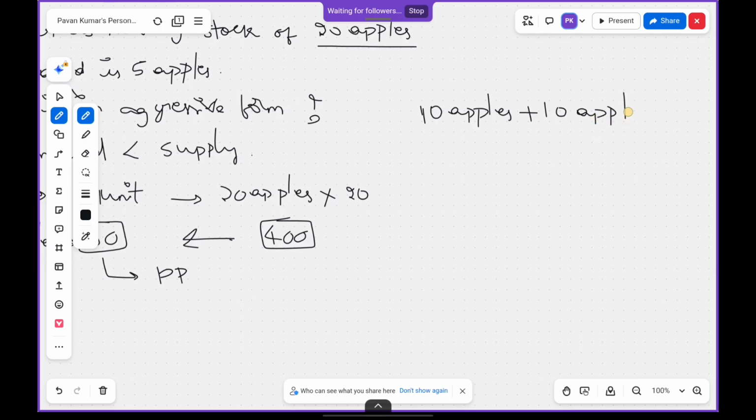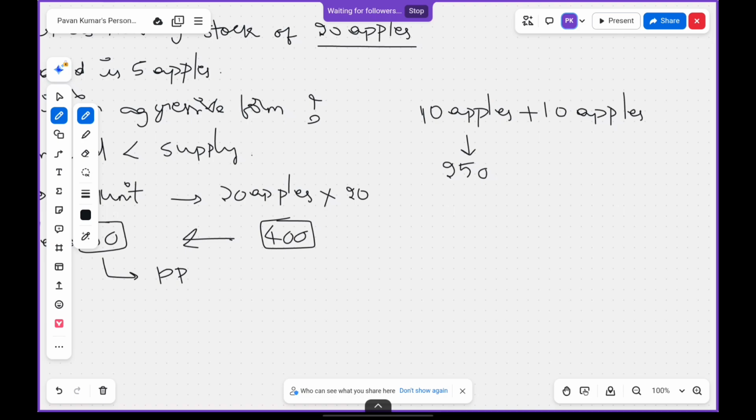We can even say it as buy one get one free. Instead of 20 rupees a unit, I'll give you all the apples for 250 rupees, where you will be getting 20 apples.